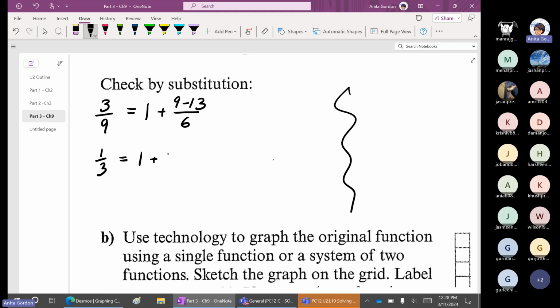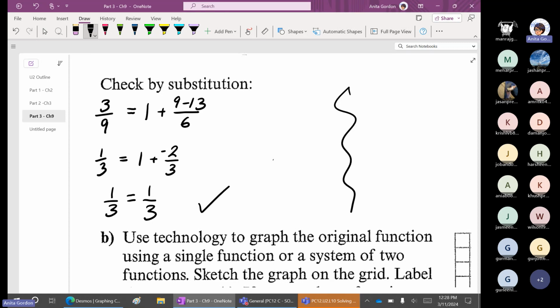What's 9 minus 13? Negative 4. Which is actually just negative 2/3. Okay, what's 1 minus 2/3? 1/3. Okay, the 9, good to go.